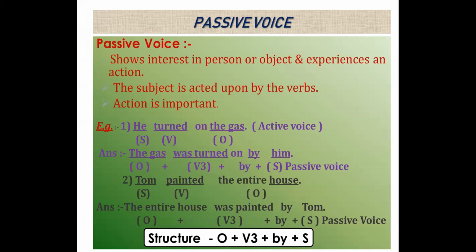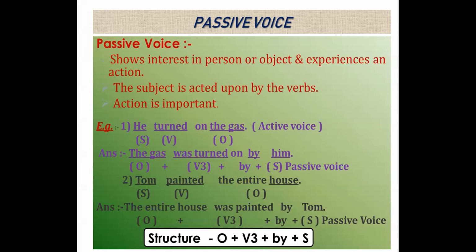Next, Tom painted the entire house. Again, Tom is the subject, painted is the verb, the house is the object. Subject plus verb plus object is the active voice structure, which we have to convert into passive voice. What is the structure of passive voice?